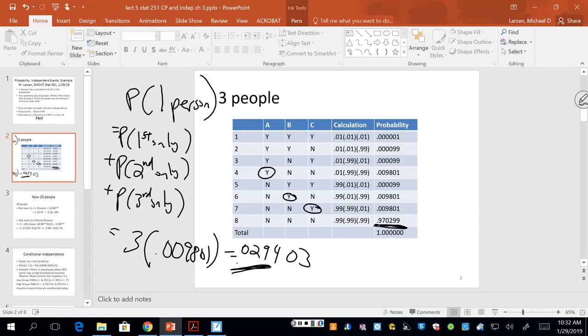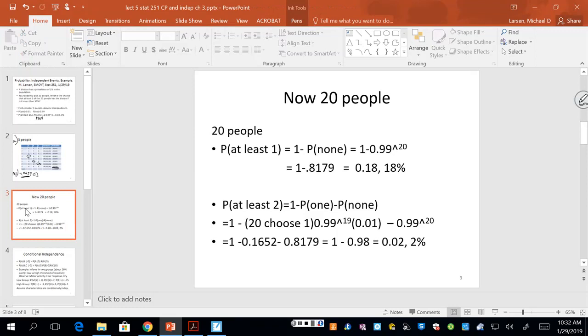But if we asked about 20, then we can still do some of these problems. So we can look at something like 20 people. What's the probability of at least one person out of 20 people that come in and test for a rare condition, a 1% condition anyway? That's 1 minus the probability of none.